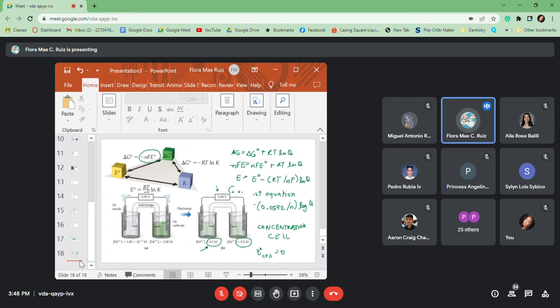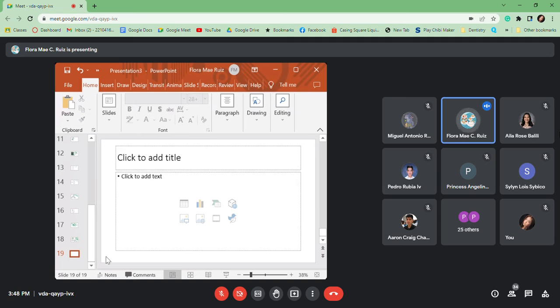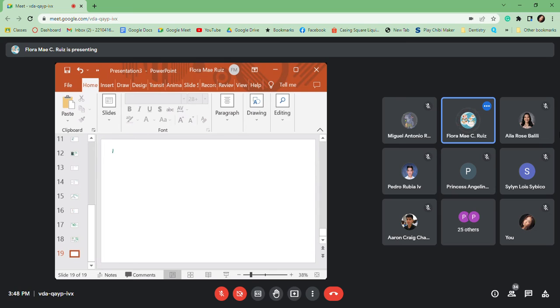So some applications of electrochemistry would be, as what we have discussed, your batteries. Batteries are portable, self-contained electrochemical power sources that contain one or more voltaic cells. For example, in a flashlight, more or less two batteries are involved. There are two kinds of batteries. Primary cells are cells that cannot be recharged anymore.